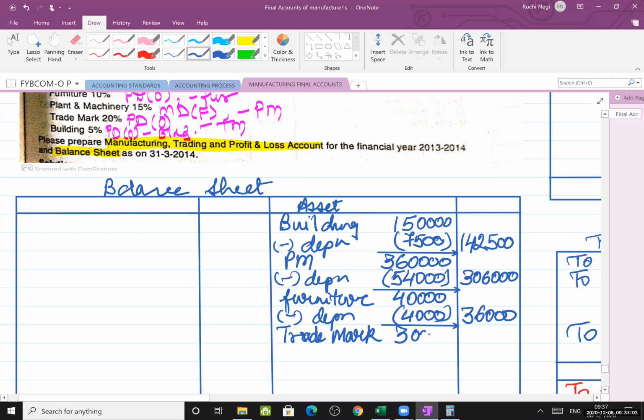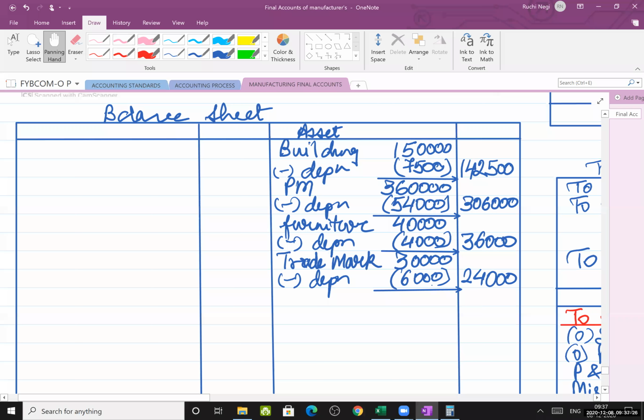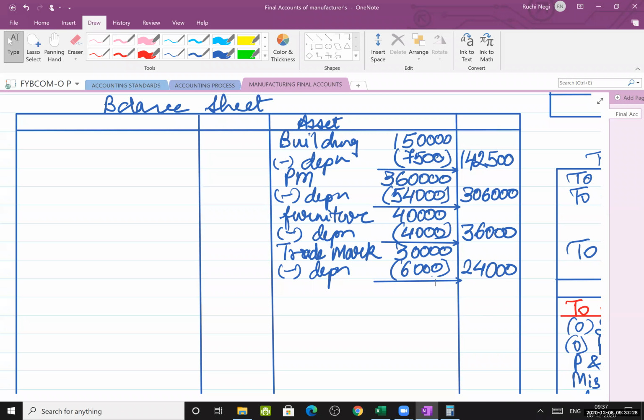Trademark was 30,000 less depreciation 6,000. So outer column 24,000. Okay. Next. So this is our balance sheet.